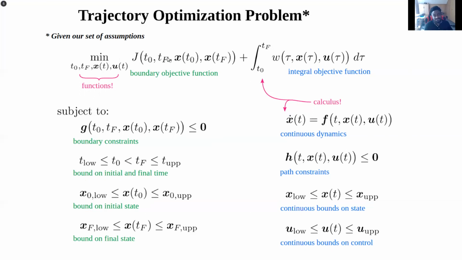It basically specifies what happens at the boundary conditions or the boundary points of our trajectory. And the integral cost function, or the integral objective function, basically represents what happens along the trajectory. So the first describes what happens at the boundaries of the trajectory. The second describes what we want to happen along the trajectory.